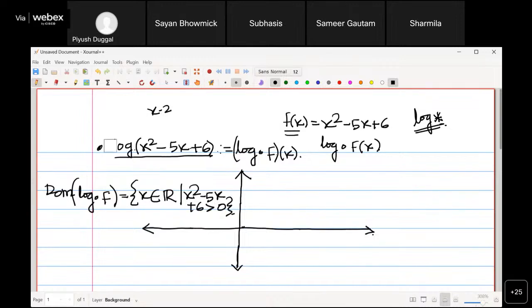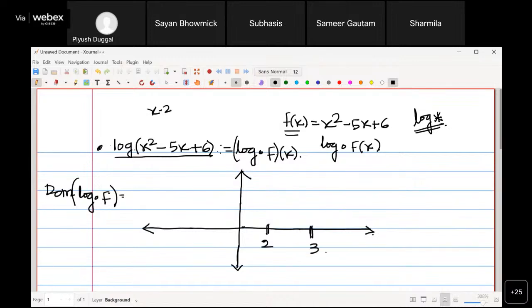So basically you need to find the points for which this parabola is positive. For that you first need to draw the graph, right? If you see, one root is 2 and another root is 3.